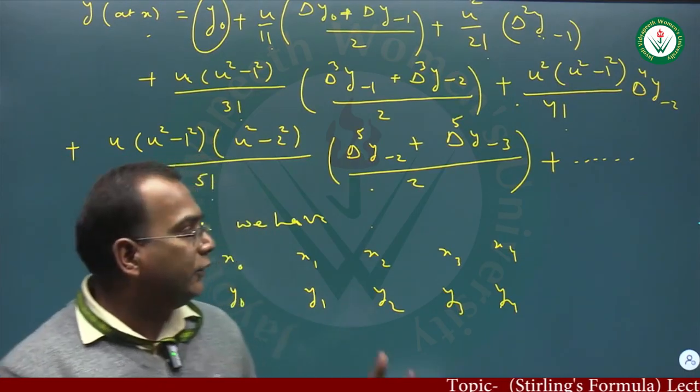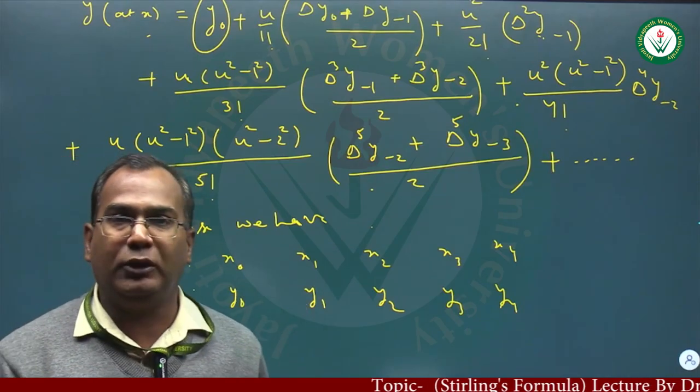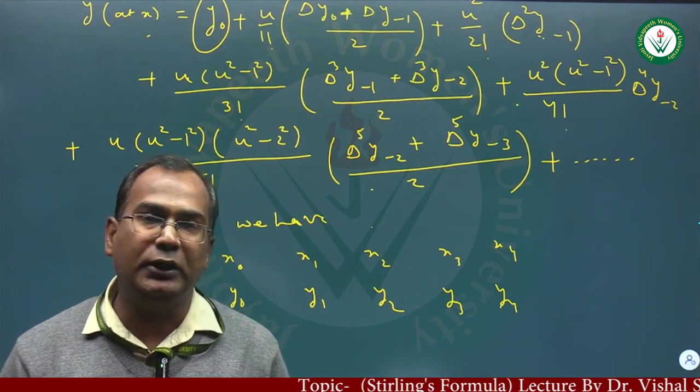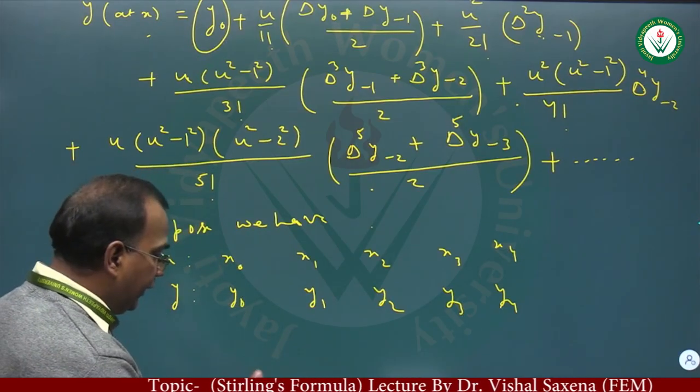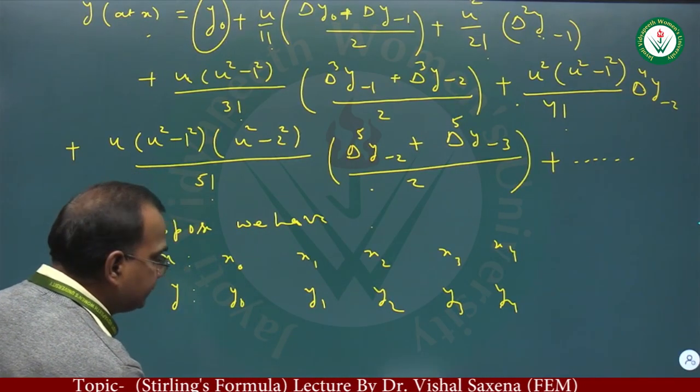But in terms of the central interpolation formula or the Stirling's interpolation formula, how can we give the names? I will explain this one.